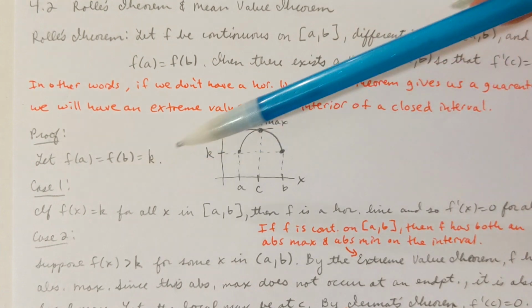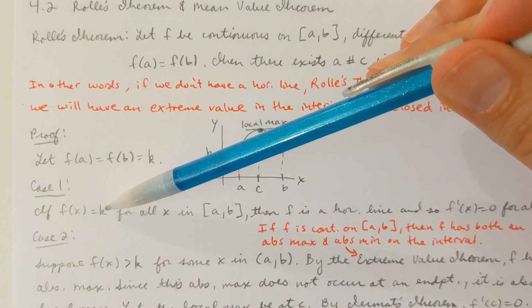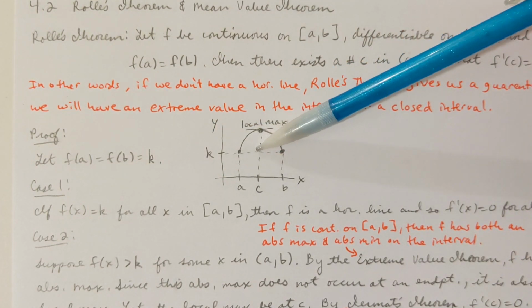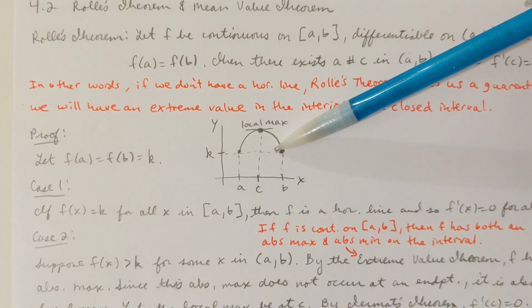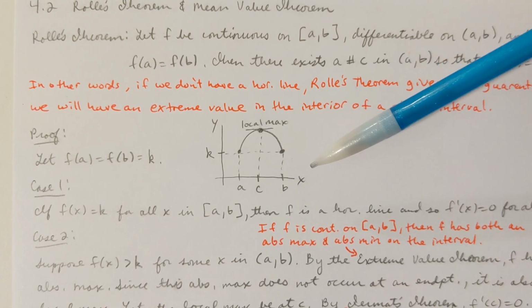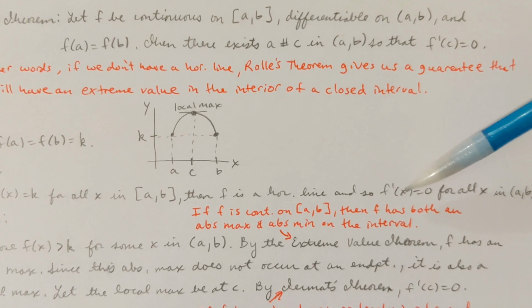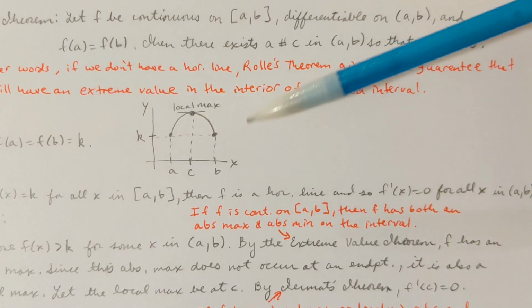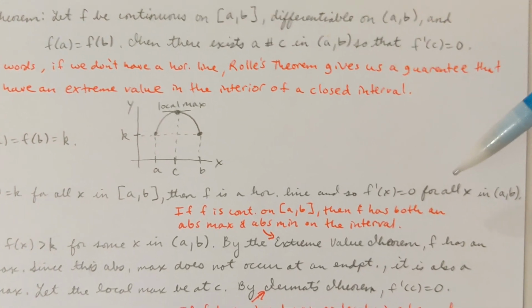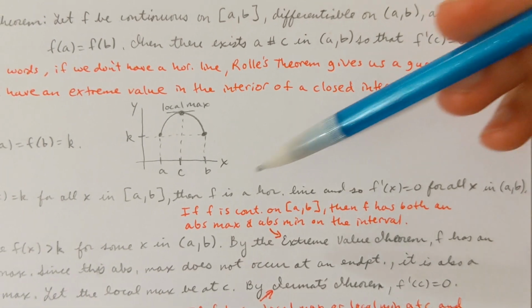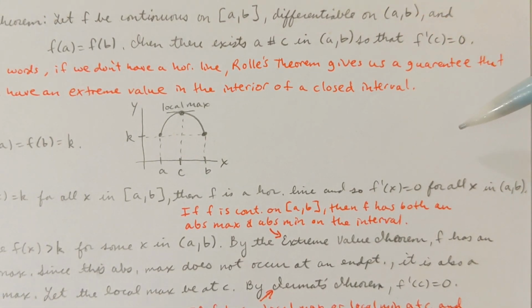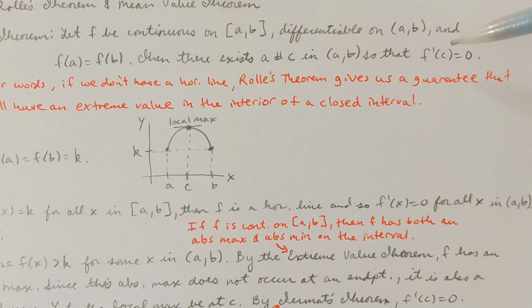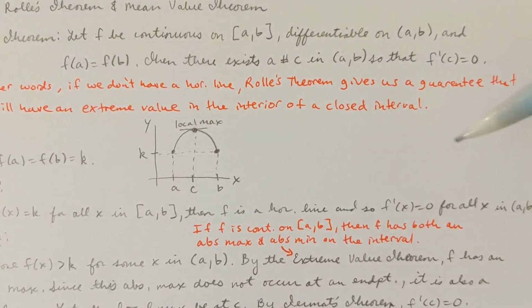Now, case 1: if f(x) is equal to k, like if I draw a horizontal line here, then the derivative is always going to be 0, right? The slope of the graph is 0 since the slope of a horizontal line is 0. So that's not really an interesting case, since f'(x) would be equal to 0 for all x.